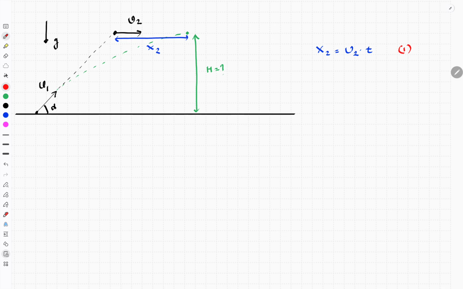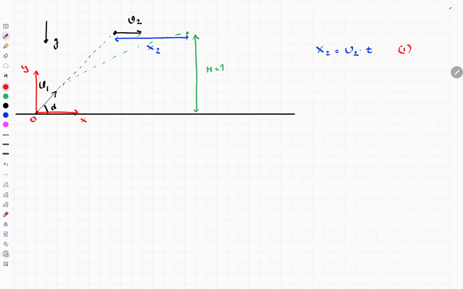But for stone, stone moves under influence of gravity. In vertical direction it moves with constant acceleration. In horizontal direction it moves with constant velocity. So as usual, let's identify our axis direction. Here y upward, x direction to the right.